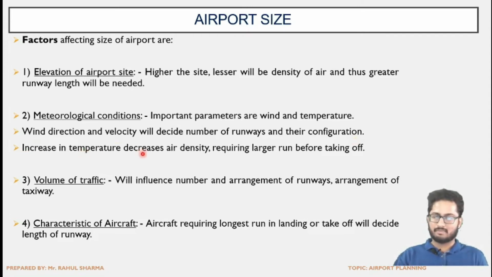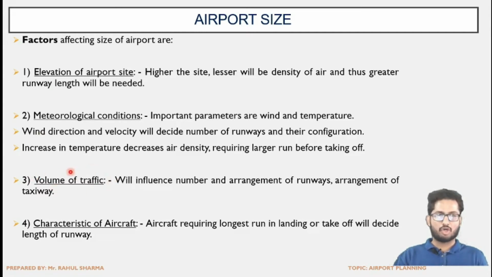Increase in temperature will decrease the air density and require a larger run before taking off. That again will increase the runway length, and so it will increase the airport size. Again, this we have studied in the runway design chapter.